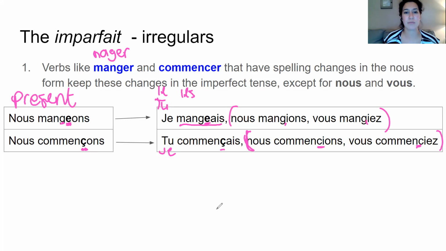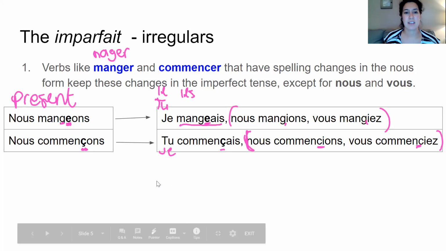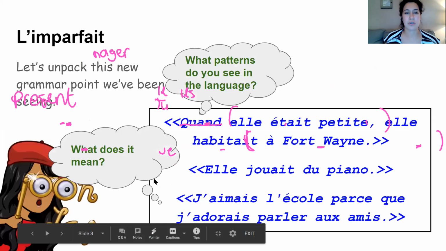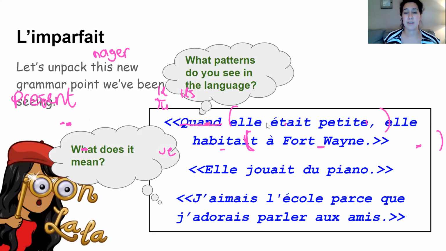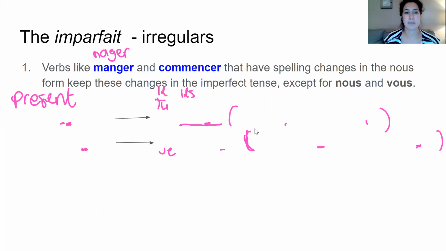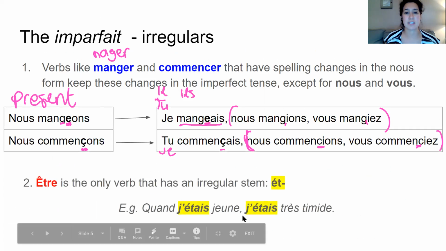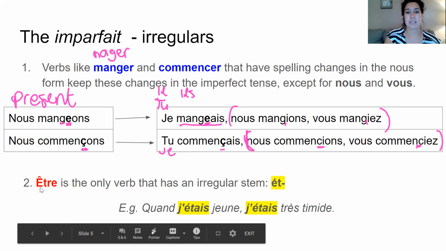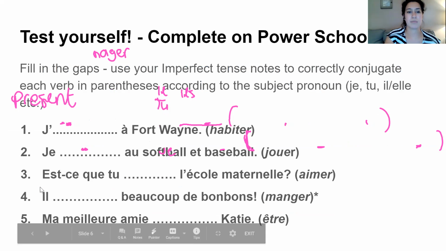Okay, and then there's one more irregularity. Before I show you the irregularity, I'm just going to jump back here. You've probably already identified that the ending here is the same. But what we're going to look at in terms of irregular is the stem. Être is the only verb that has an irregular stem.